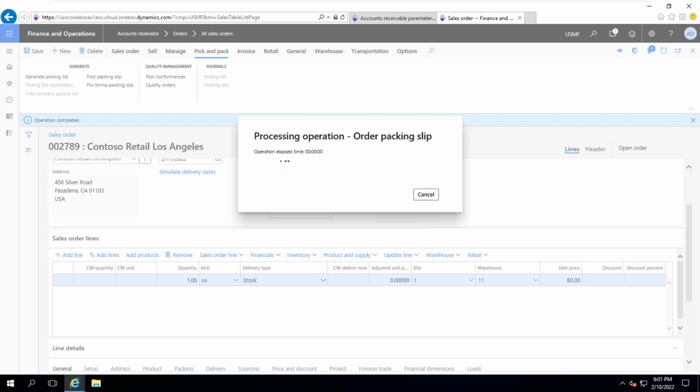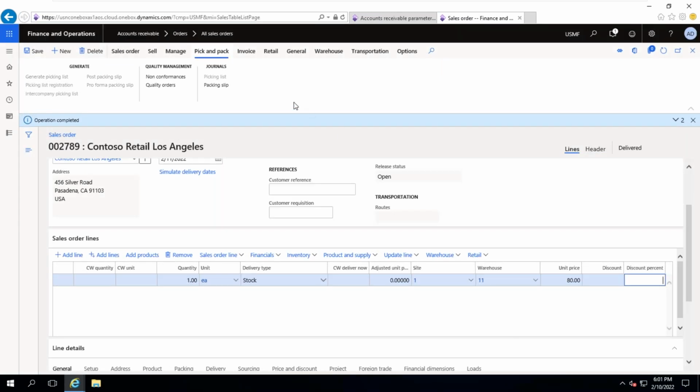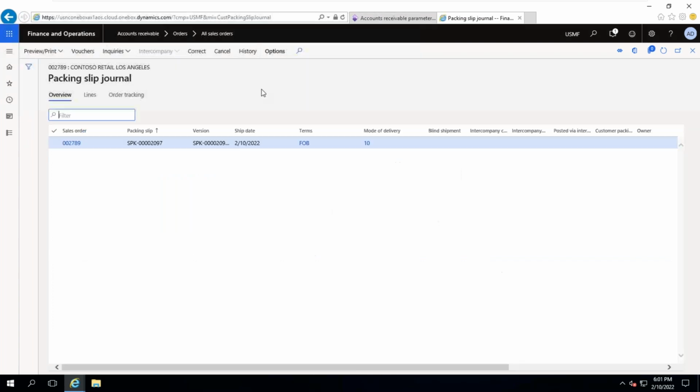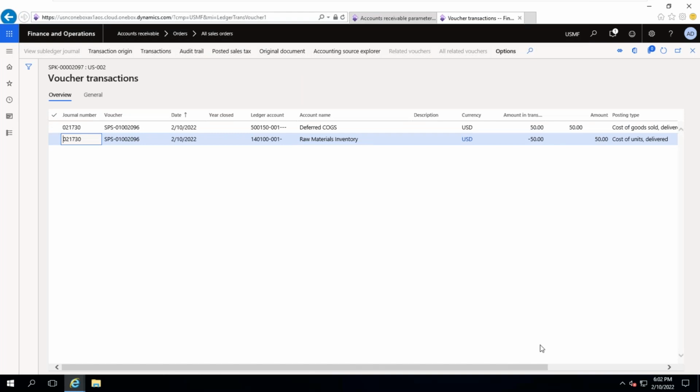Now if you verify the packing slip, post packing slip, there are temporary postings. Go to post packing slip, voucher. If you verify, the voucher is available now. Look at this one.